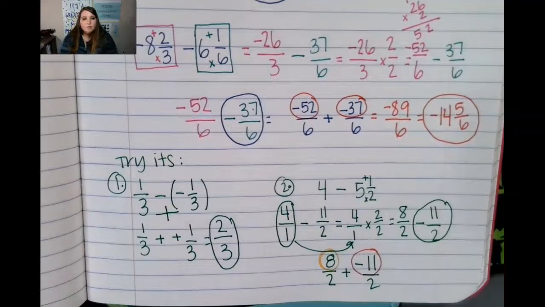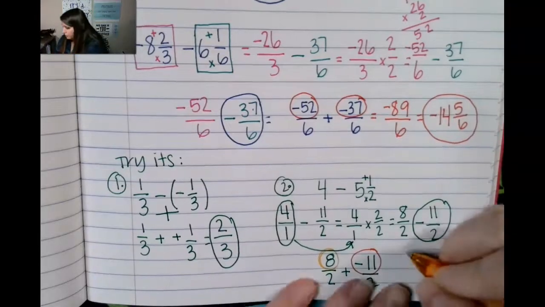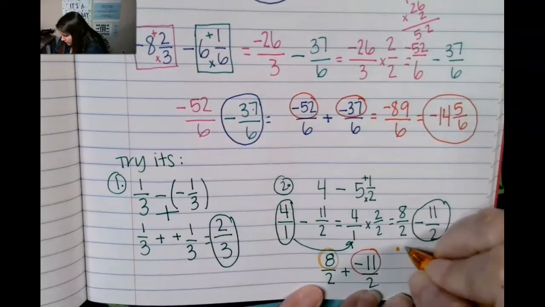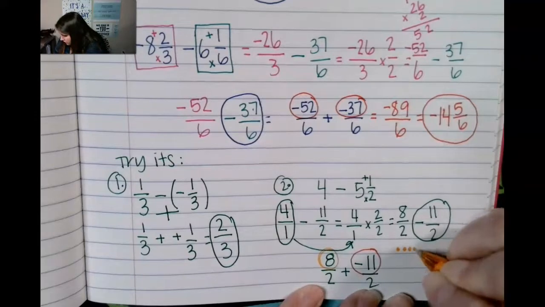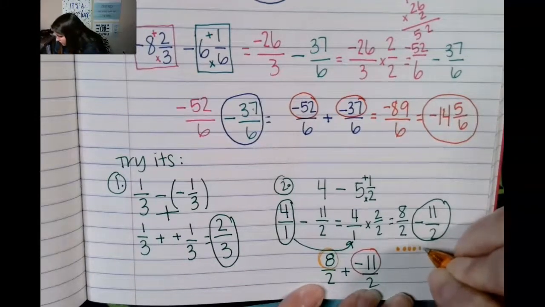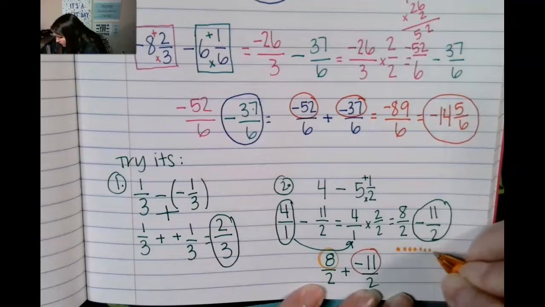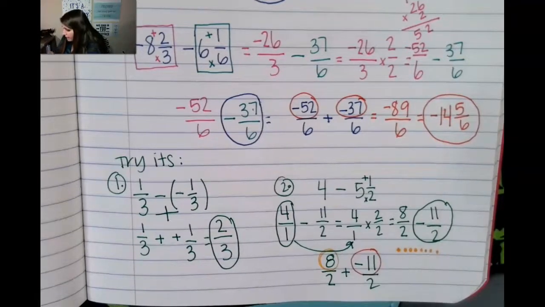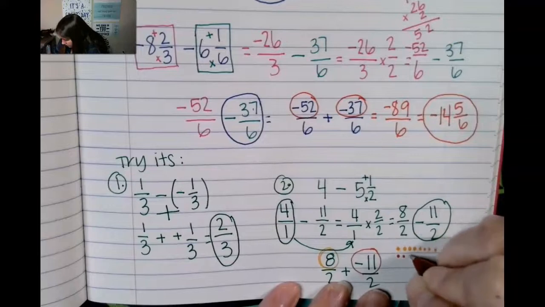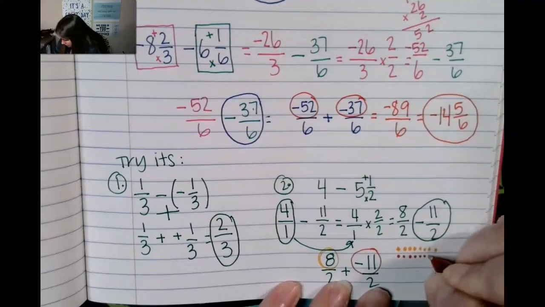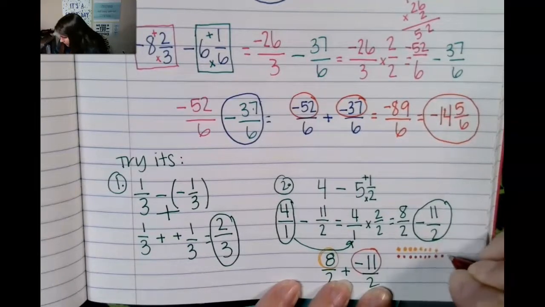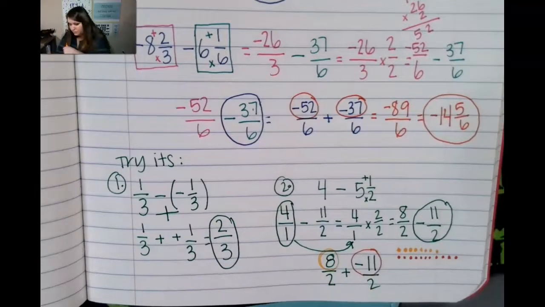So if I have positive 8 and I remove 11, or I add on negative 11, sorry, let's look at this. 1, 2, 3, 4, 5, 6, 7, 8. And now I'm going to add on 11 negatives. 8, 9, 10, and 11.